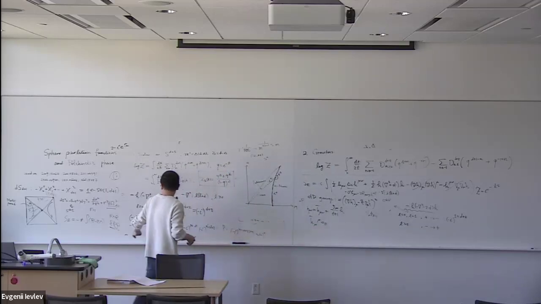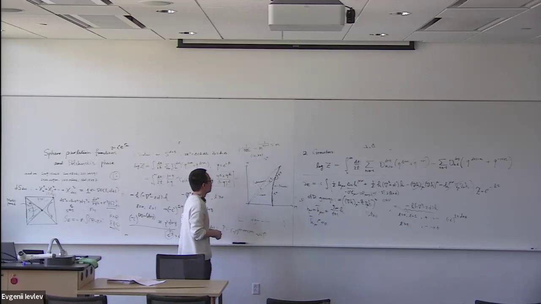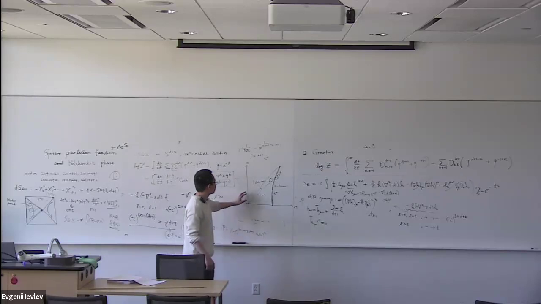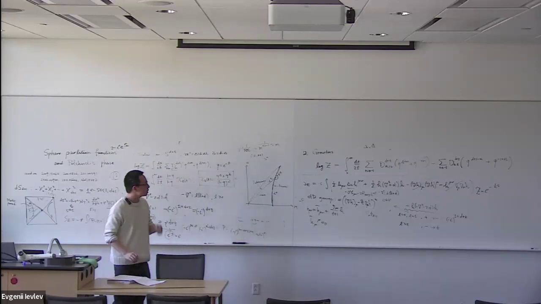So it's consistent with this conjecture here. So it seems that the black hole is indeed a good model for an observer.